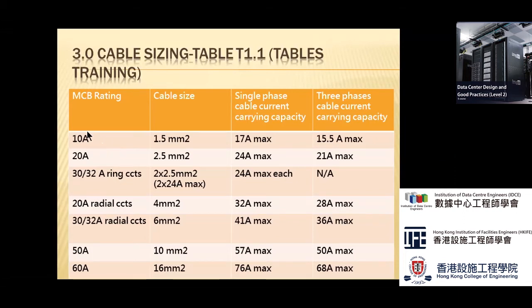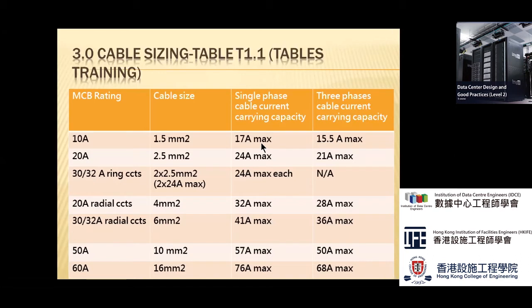For example, a 10 amp power equipment, or the MCB rating is 10 amp. The cable size normally requires 1.5 millimeter square, and the cable can provide a maximum current of 17 amp.